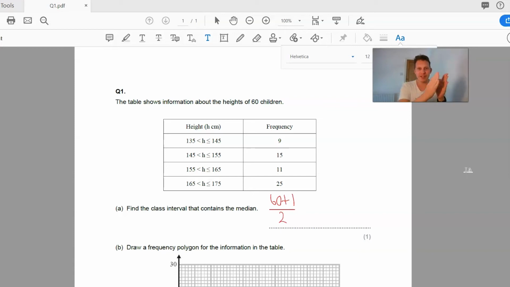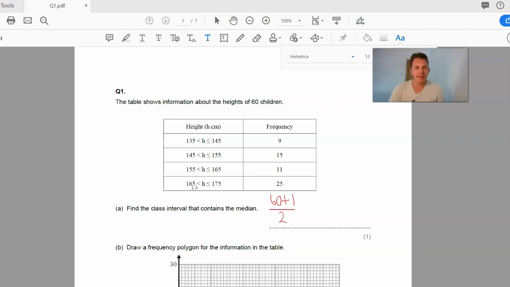So if we were imagining that line of people, we're looking for who's the 30th and the 31st person and what group they are in. Okay, so to work out what group they are in, we're looking at our frequency table here, and what we're going to do is work out the cumulative frequency. Now cumulative just means we're adding it on as we're going.